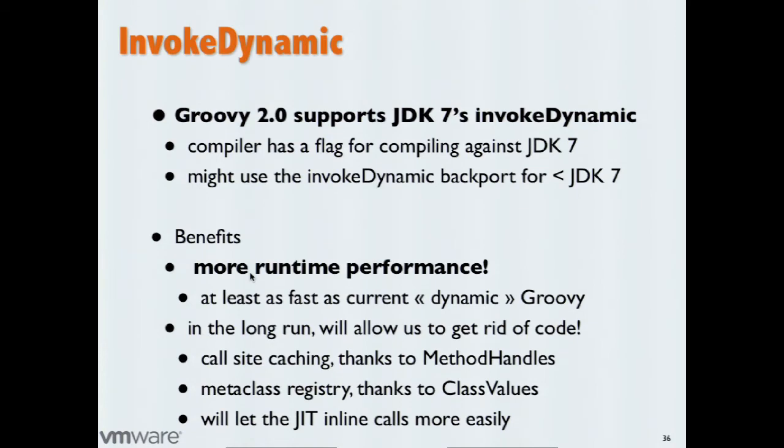And the goal of InvokeDynamic, one of the key goals, is to bring some more performance for dynamic method calls. And in the long run, it will also give us the opportunity to get rid of some of the techniques we used to improve the performance of Groovy.